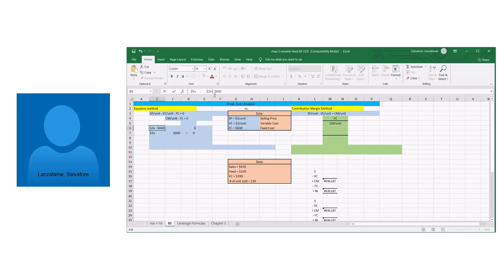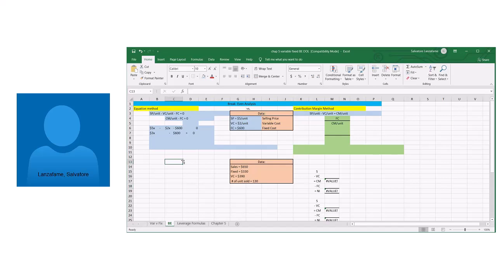Just spreading this out a tad. Okay, so now 3x minus 600 equals 0. Let's continue to combine like terms. I'm going to add 600 to both sides, because remember, in algebra the goal is to get the x's on one side and the numbers on the other side.